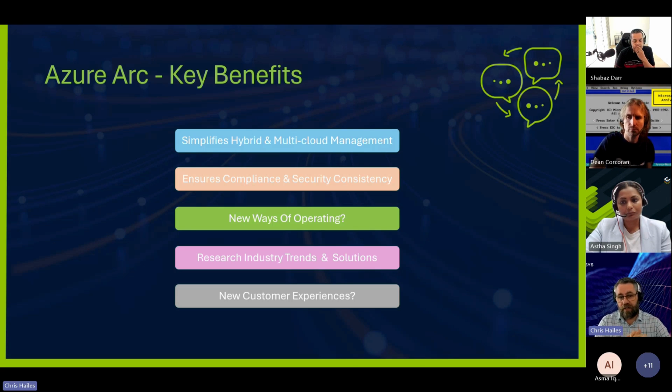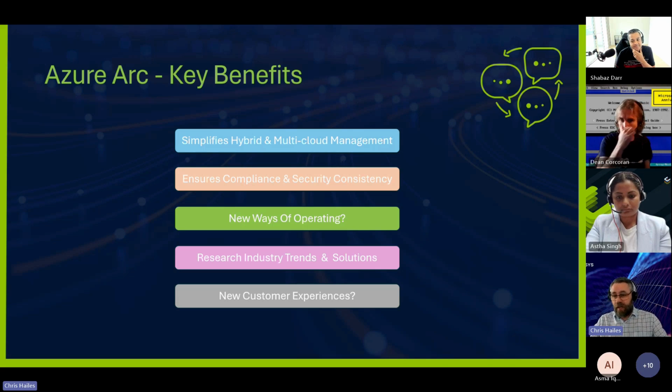First, the simplification of multiple environment management, getting towards a single pane of glass. I won't say it is a single pane of glass, because some elements you won't be able to pull in, or may not be able to get as well as in native tools like VMware or the AWS panels. But it's bringing as much information as you can into a single pane.